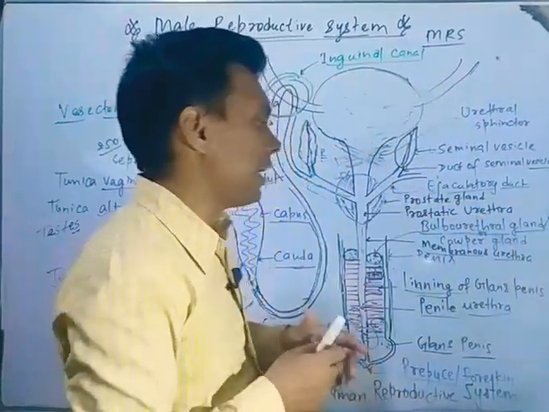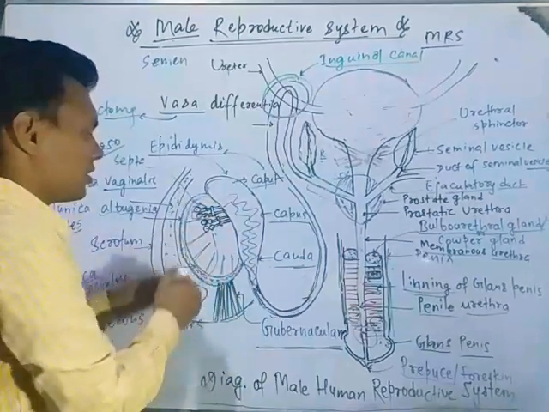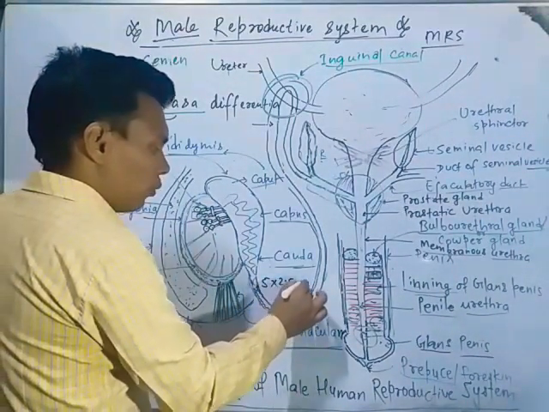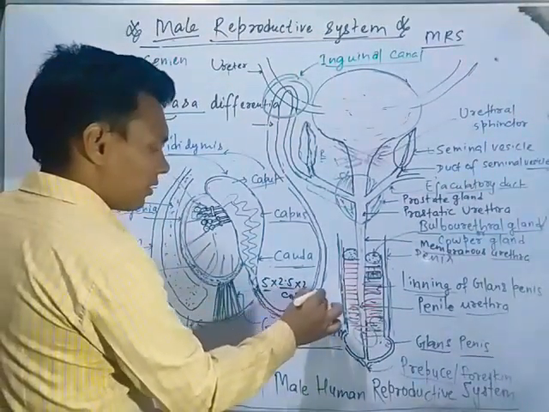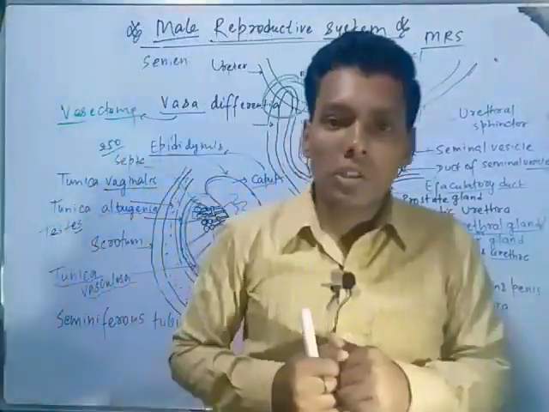What is the dimension of the testis? 5 by 2.5 by 2 centimeters, that is the length, the breadth, and the thickness. That is the male reproductive system.